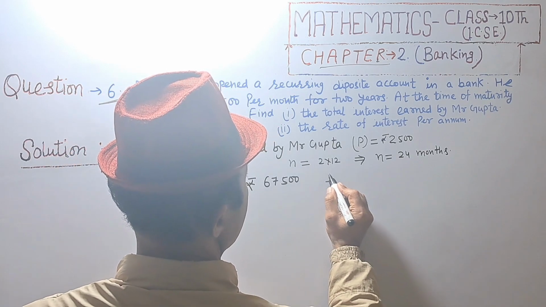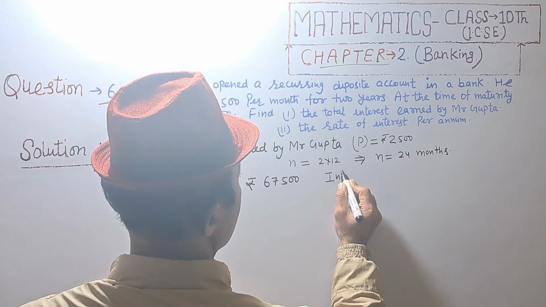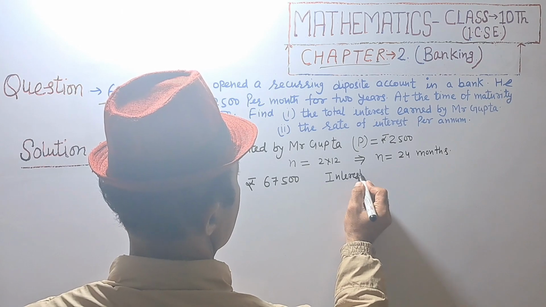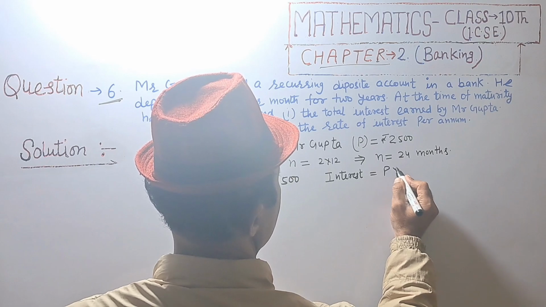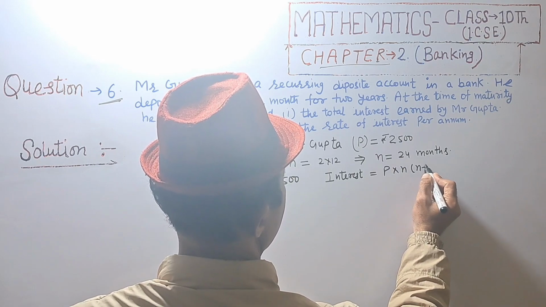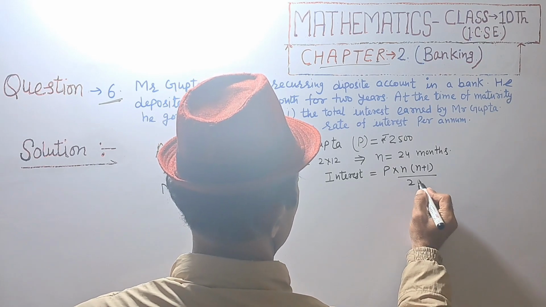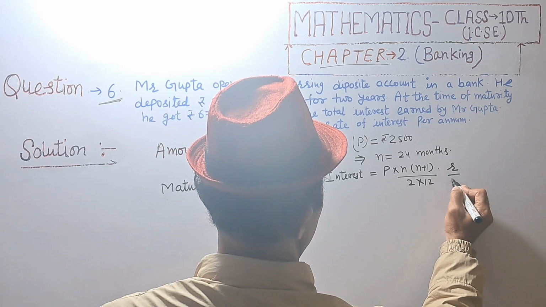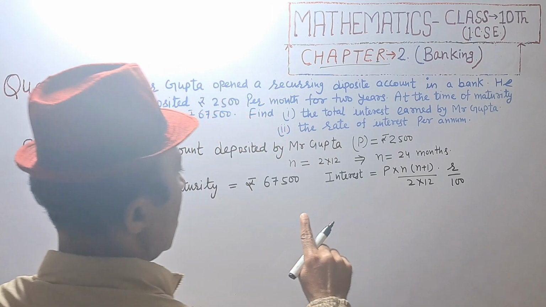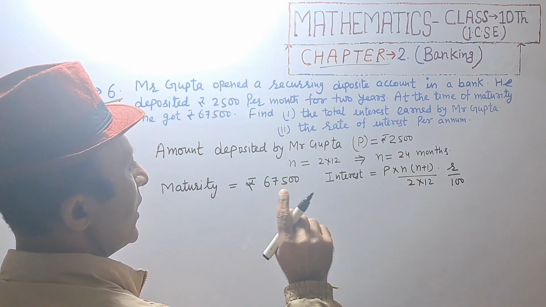Interest is equal to P into N plus 1 divided by 2 into 12 multiplied by R upon 100. And the rate of interest we find.